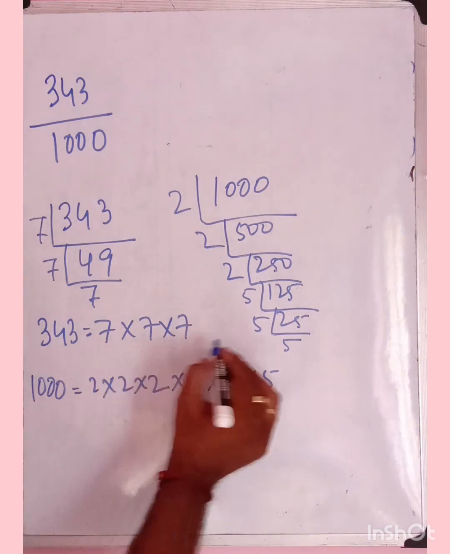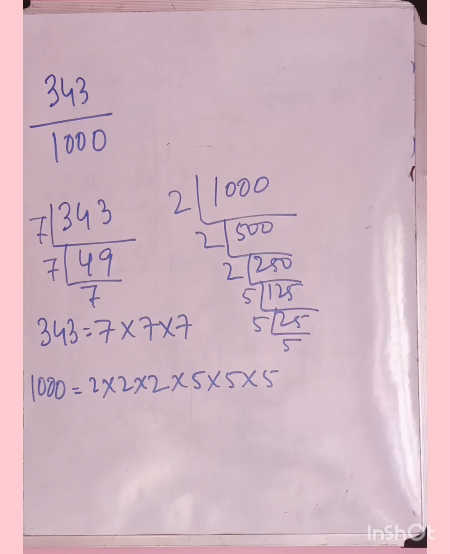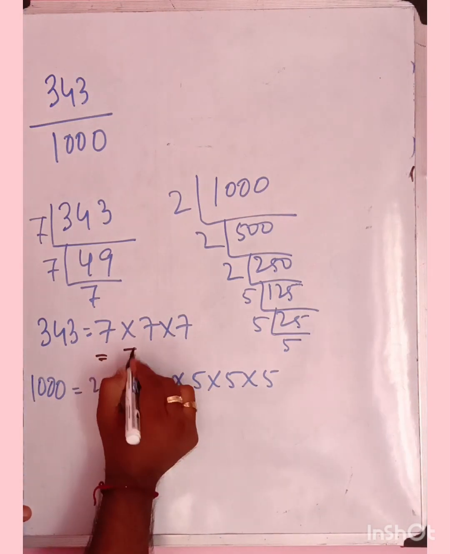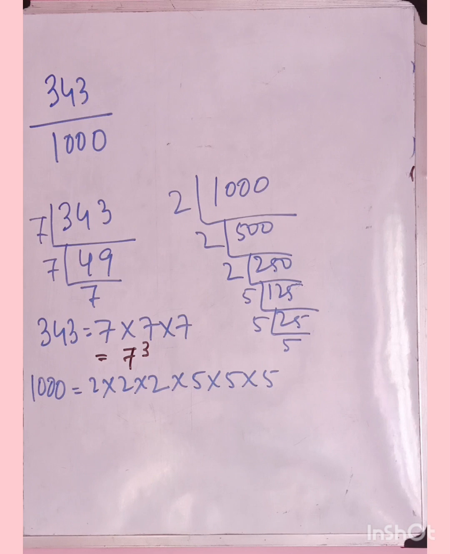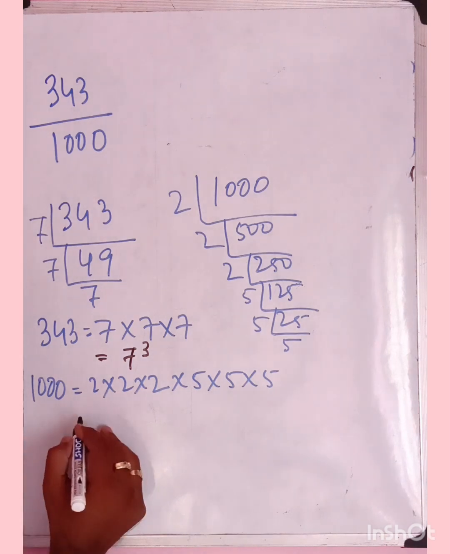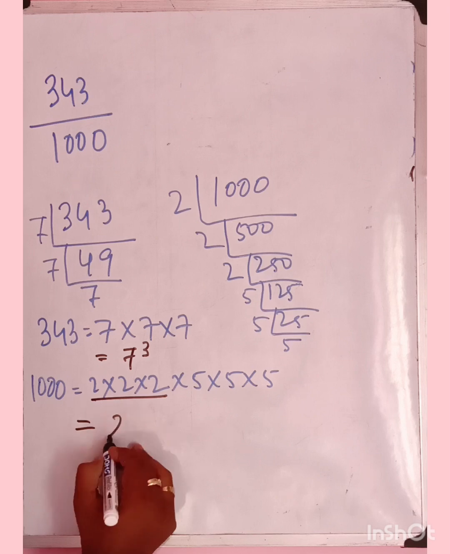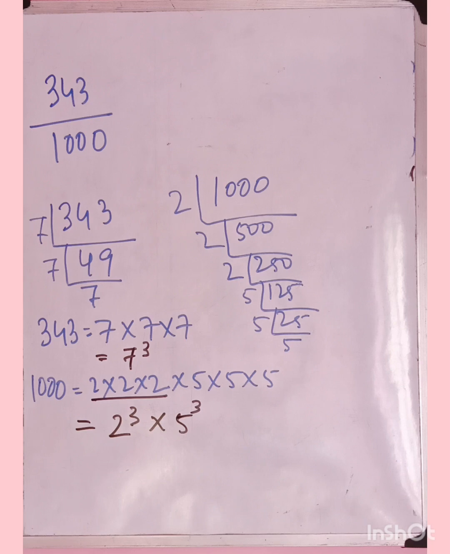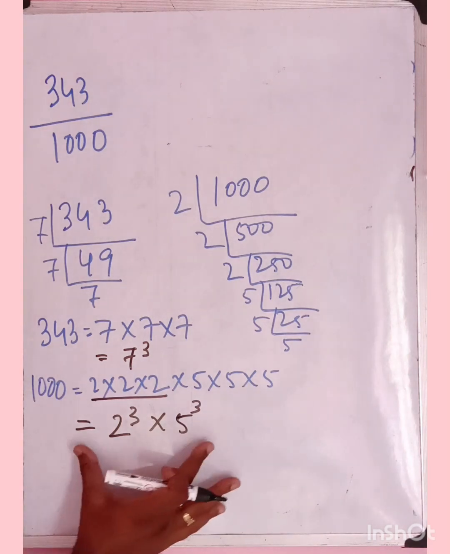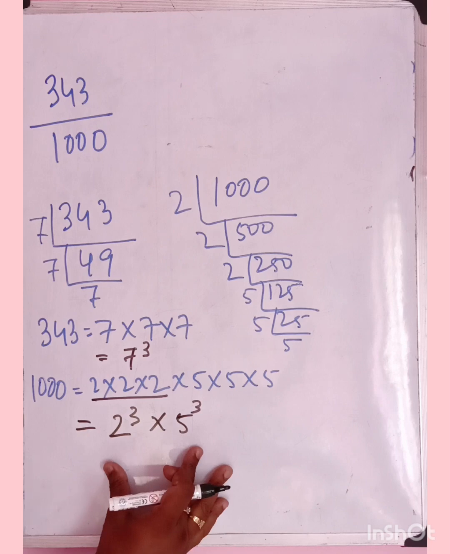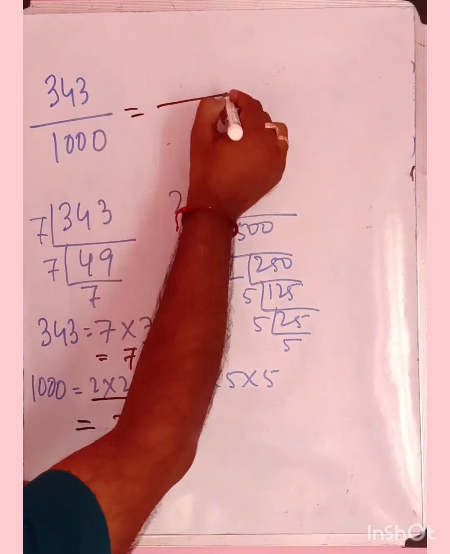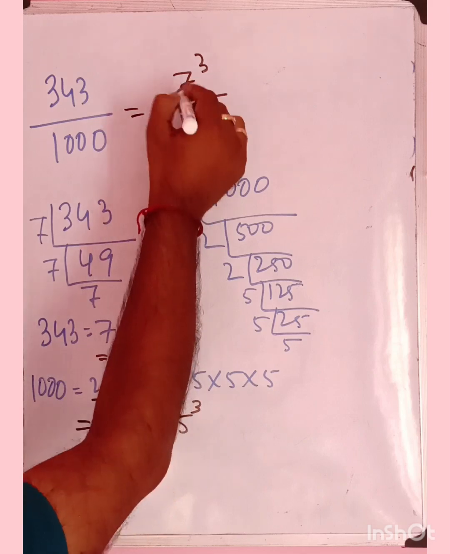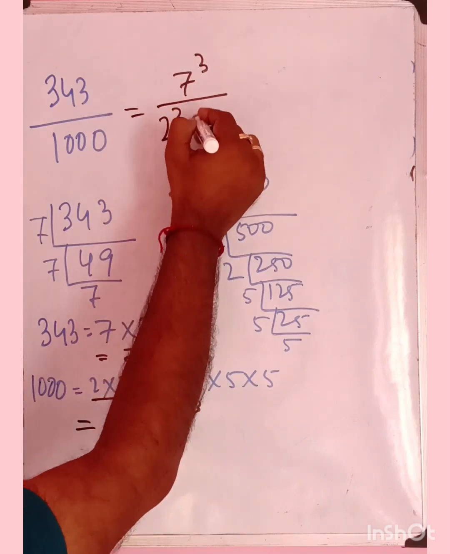Now you see, the numerator can be written as 7 cube, and the denominator is 2 cube into 5 cube. So if you are to maintain the power 3, you have to club these 2 and 5, isn't it? 7 cube, 7 to the power 3, 2 cube into 5 cube.